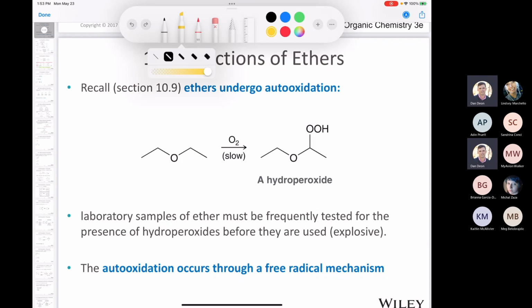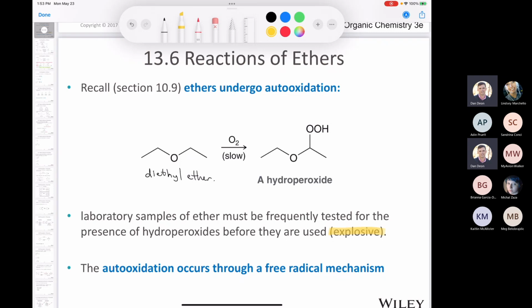And the thing about diethyl ether is that it can be stored in a lab in an amber bottle or something. But if you leave diethyl ether out long enough, it will develop peroxides. So ethers will react with oxygen in the air and they form these hydroperoxides. And the problem with those hydroperoxides is that they're explosive.